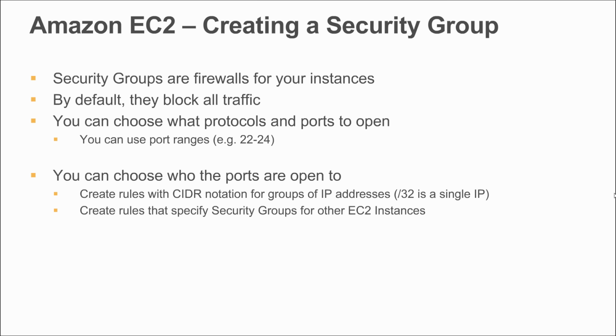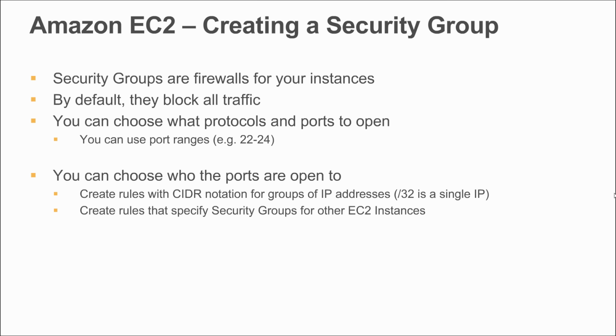If you're not familiar with CIDR notation, it looks like an IP address, four numbers separated by dots, and then a slash and another number, which represents the size of the network. So 0.0.0.0/0 is the entire internet, basically, allowing access to that. And then an IP address with /32 allows just an individual IP address to access.